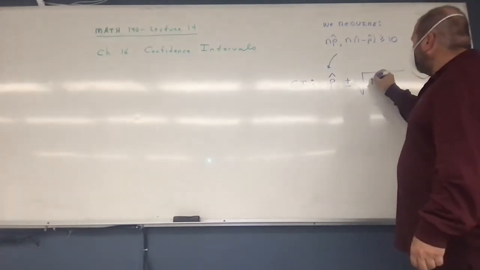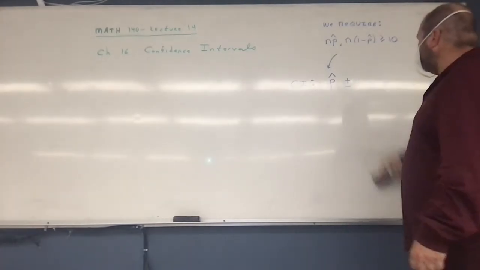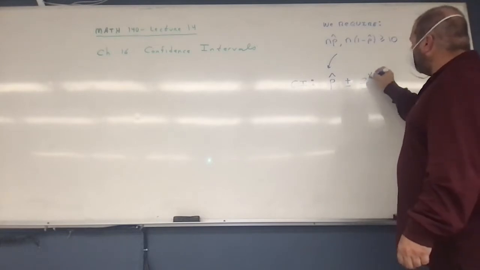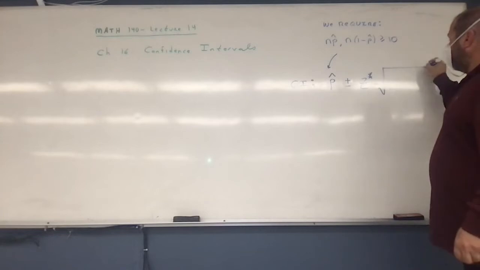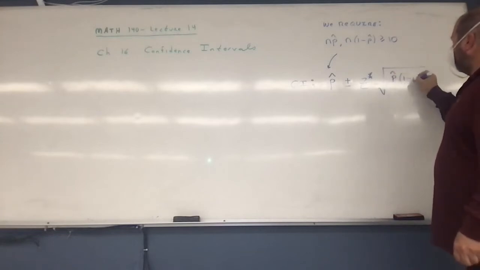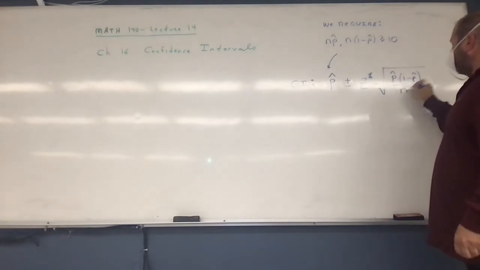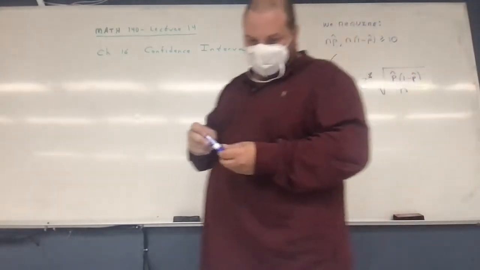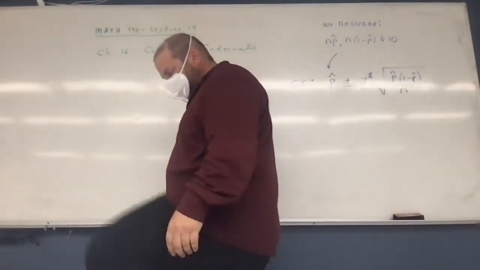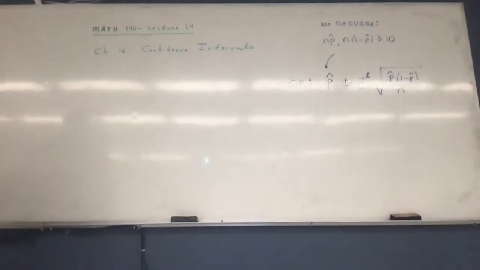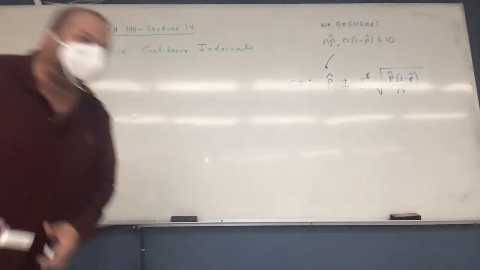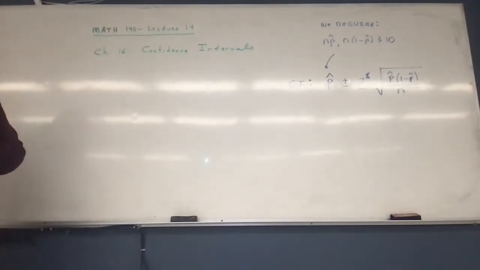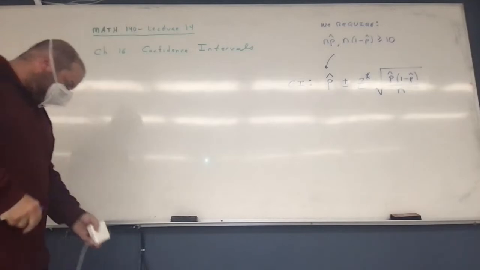Before the square root, I left out one thing. Z star, and I will explain what that means, times the square root of p hat times 1 minus p hat over n, all inside the square root.